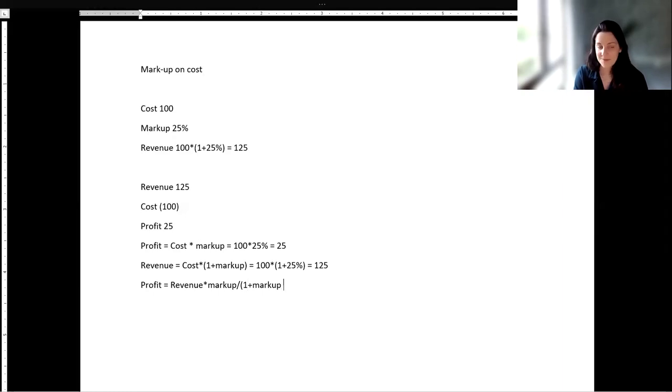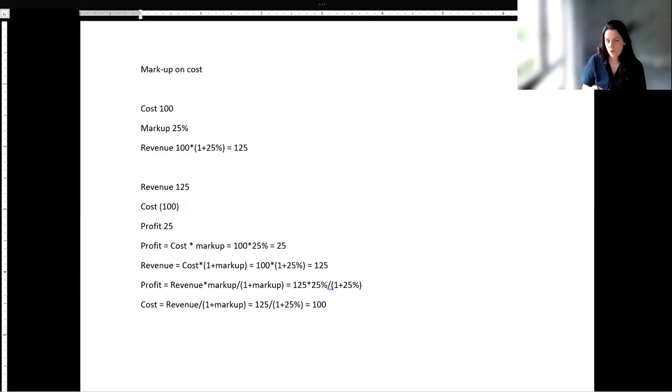So your profit is going to be $125 multiplied by 25% divided by 1 plus 25%. And also it means that your cost is going to be revenue divided by 1 plus markup. And this means that it will be 125 divided by 1 plus 25%.